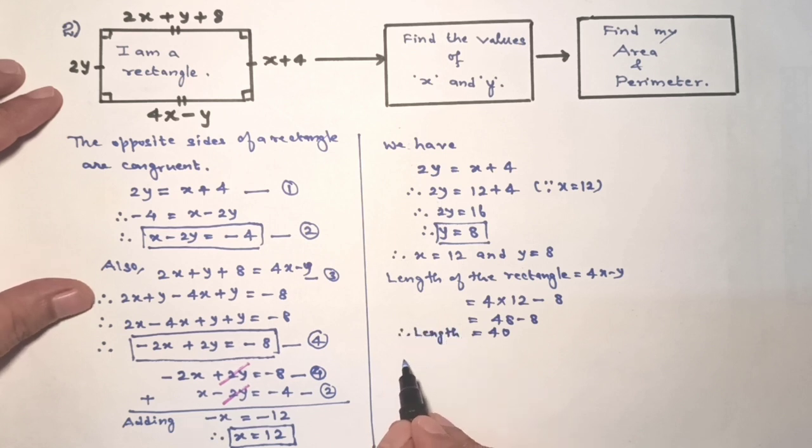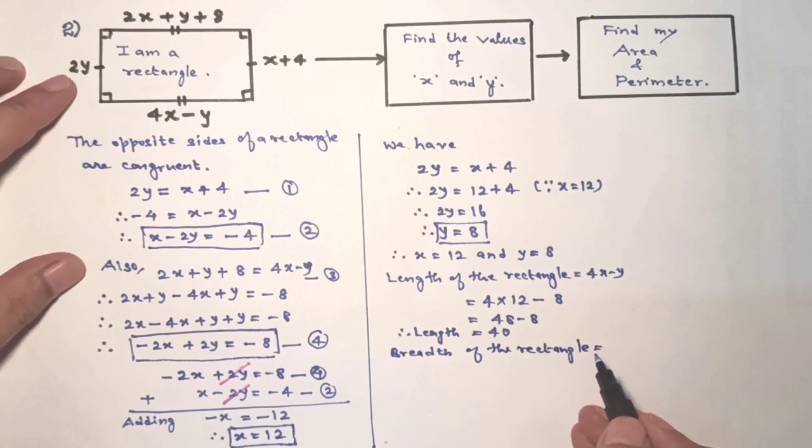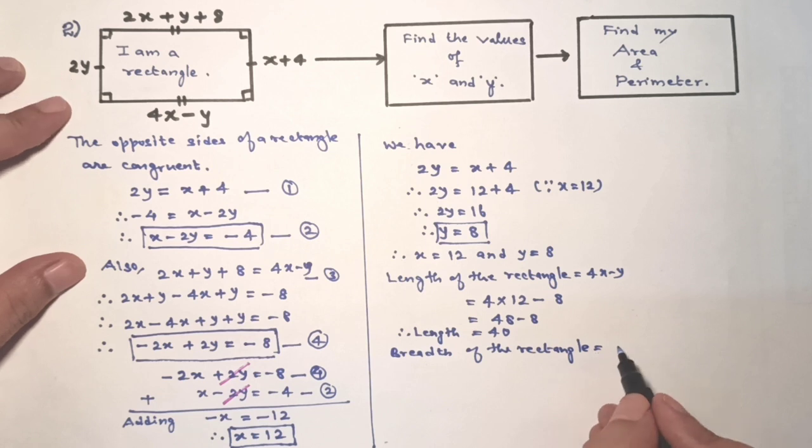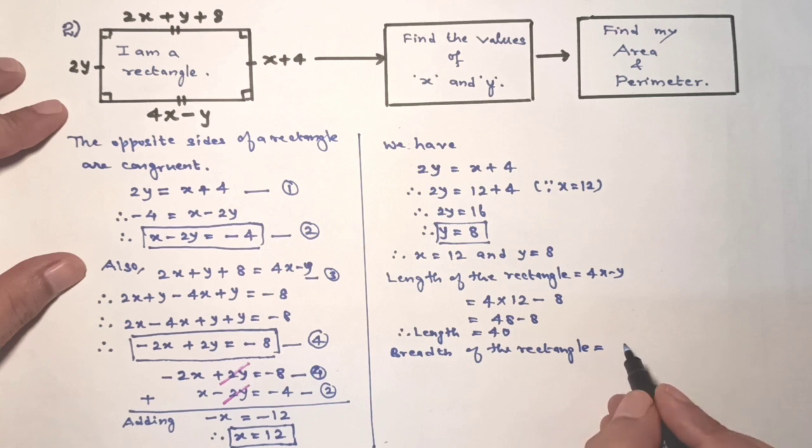Find out breadth. Write breadth of the rectangle. If you look at the figure, you have 2y and x plus 4. I'm taking x plus 4.